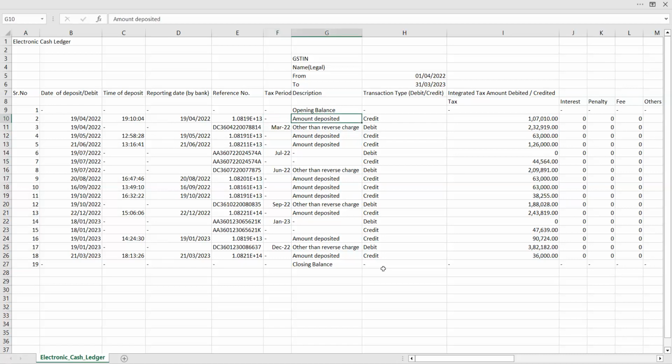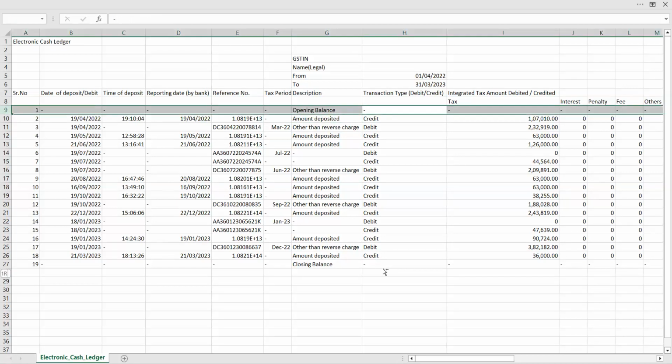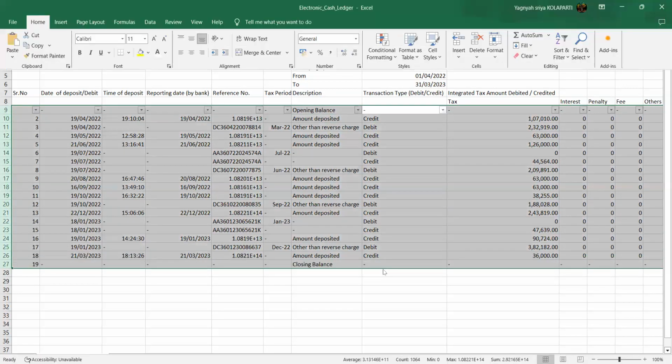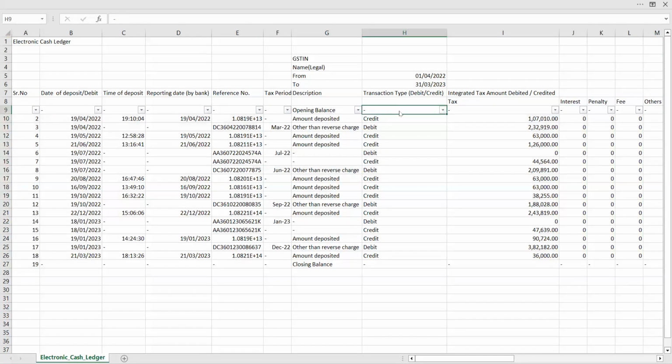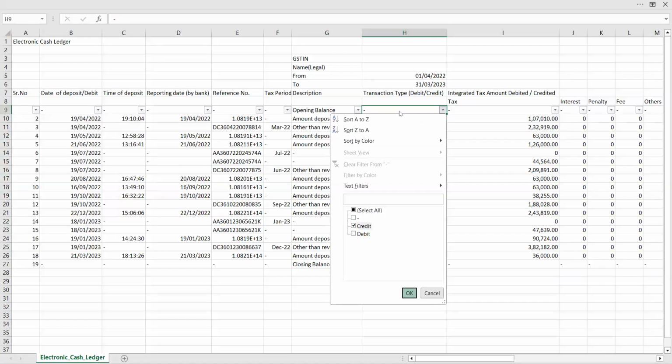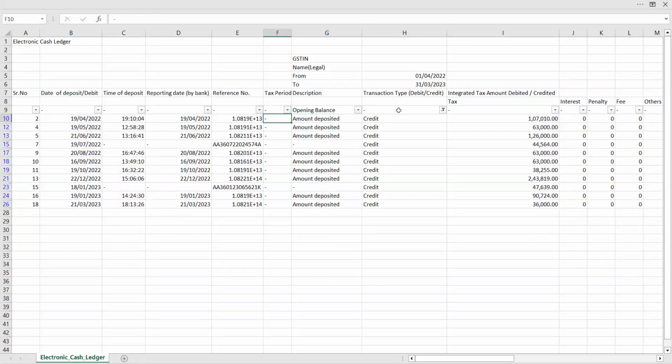See, when there is a credit, you observe here, if I filter the transaction type, credit, is there any month or tax period given? Did it give any tax period? Understand? Whatever you are crediting to the cash ledger has no relevance to your liability month.